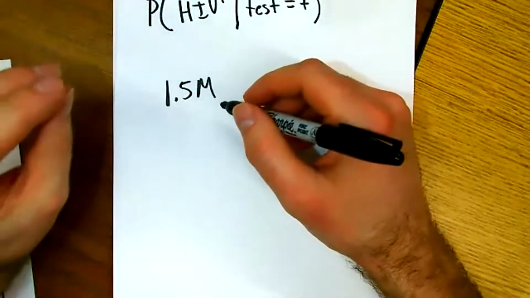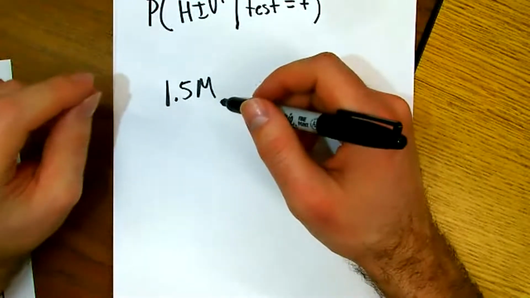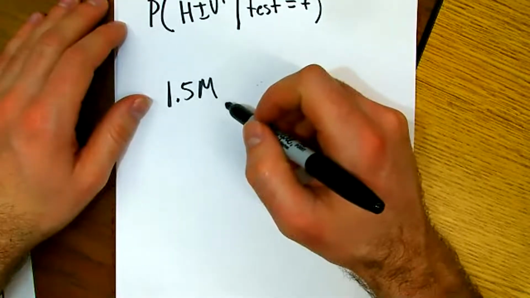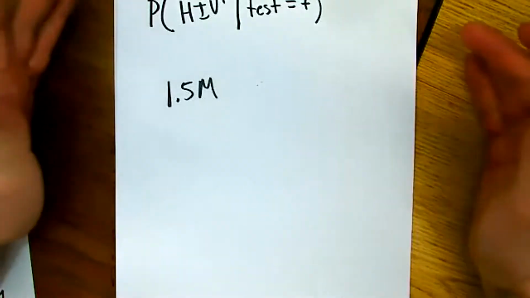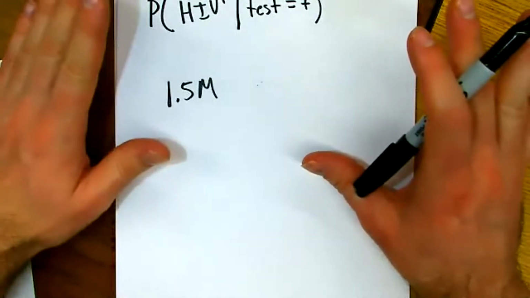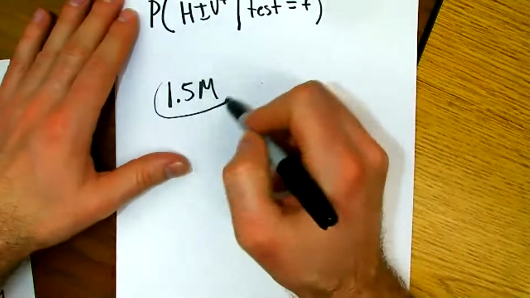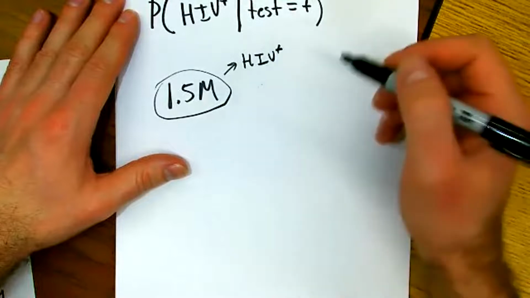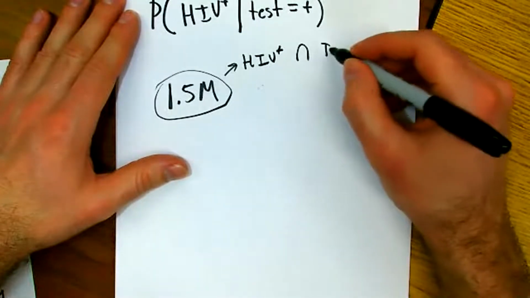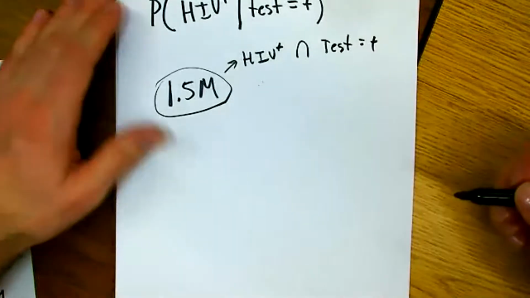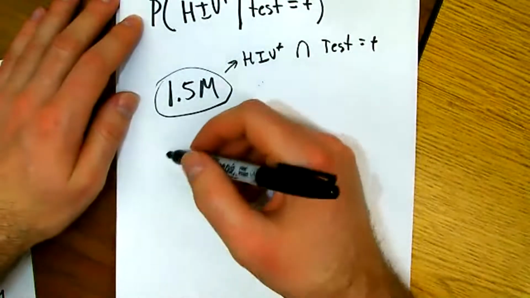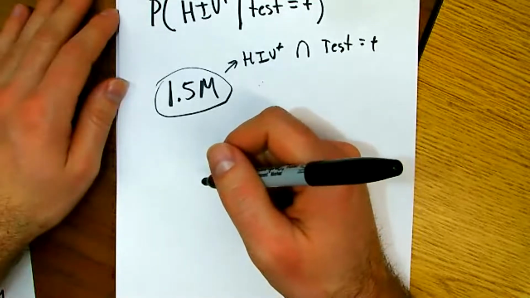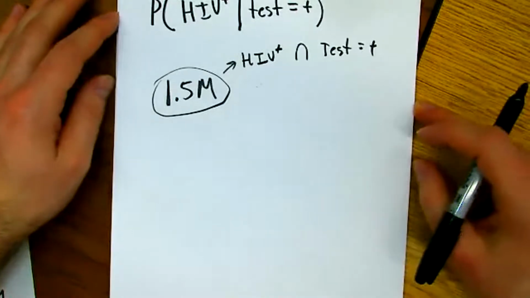That test was 99.9% accurate at identifying those individuals. So if we multiply this by how accurate the test was, we're still going to have about 1.5 million, just a little shy. So there are approximately 1.5 million people who are going to have HIV, and they'll get a positive test result. The other 99.5% of people who don't have HIV, that's going to be just shy of 300 million people.